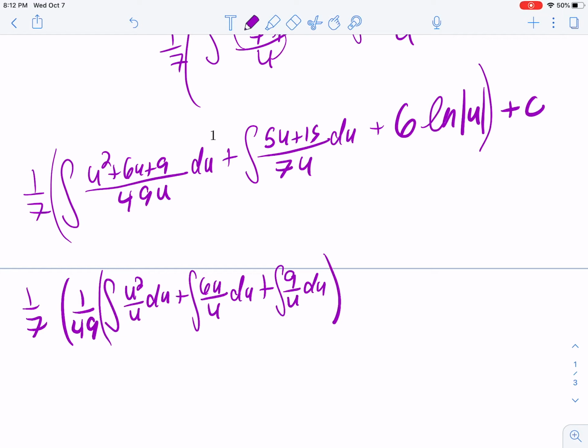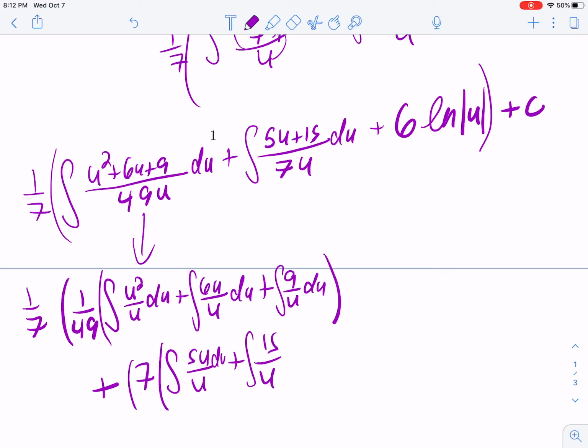All right, so that's this first guy. Plus the second guy, I could pull the 7 out, 7 times the integral of 5u over u plus 15 over u du. Then we have plus 6 ln absolute value of u plus c.